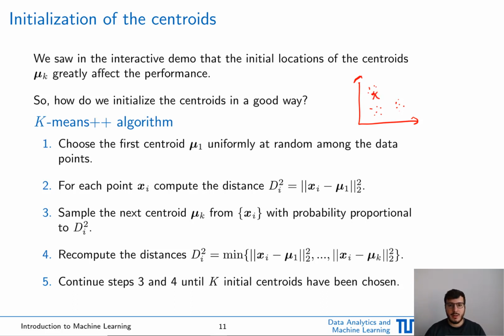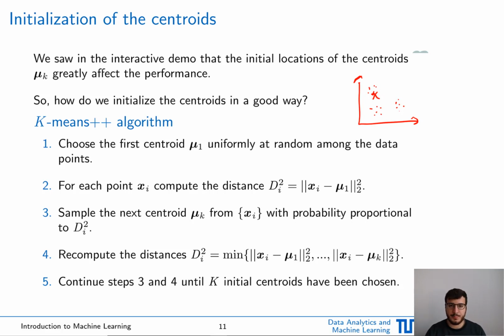The reason we're doing this is that if we just randomly initialize the first centroid, we might get something way over here, far away from all of the data points, and this doesn't make sense. It makes much more sense to start with one of the data points, because this will potentially give us good coverage already.